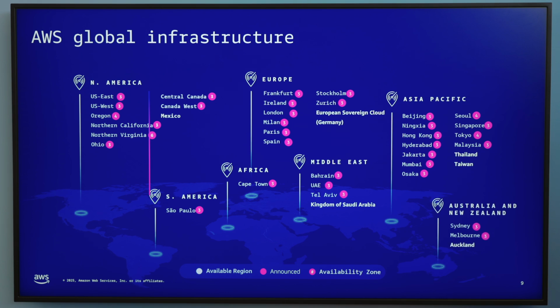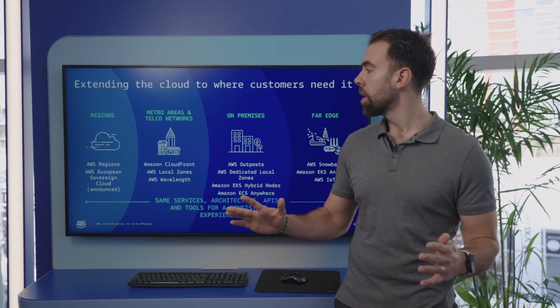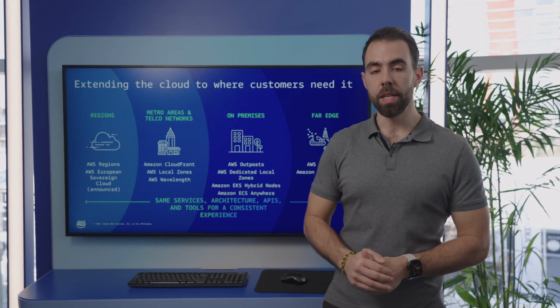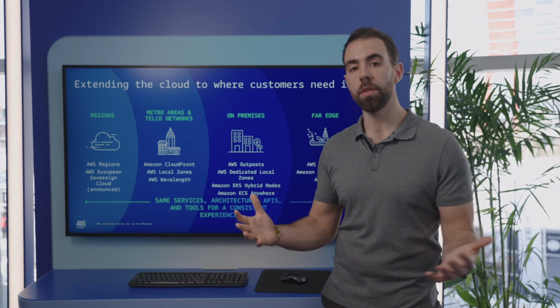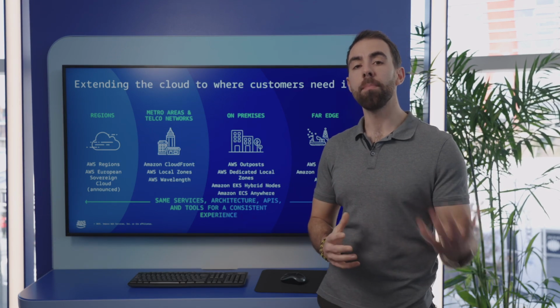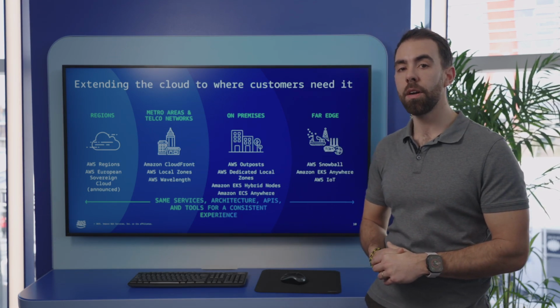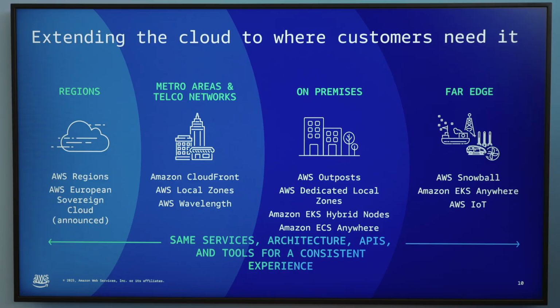The number of services that we have, all of this is extending our ability to meet where the customers are at. Okay, so all of our encryption services, all of the technical controls that I've mentioned that make up our sovereign by design cloud can be found anywhere from our commercial regions, the European sovereign cloud, our CloudFront local zones, outposts, and even through something like Snowball on an EKS anywhere.